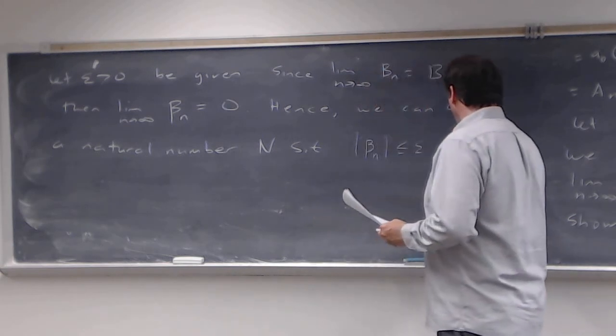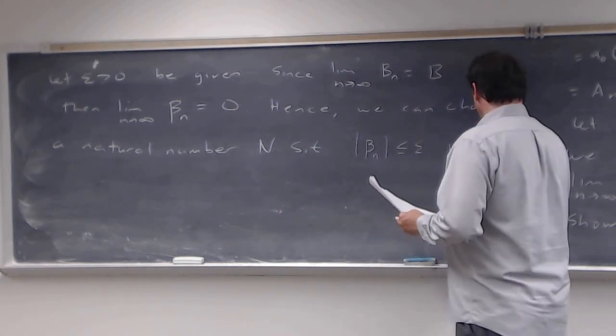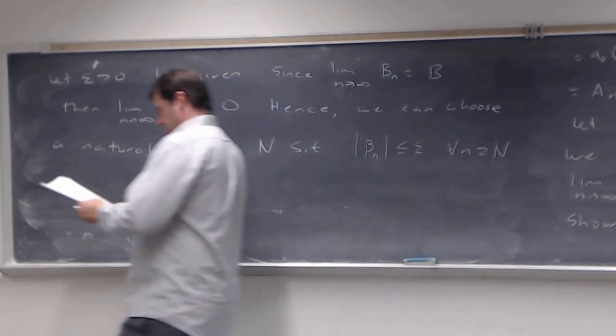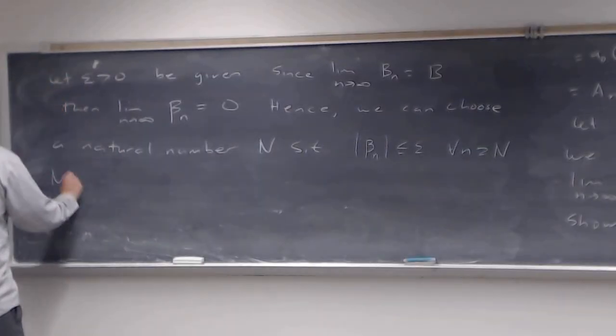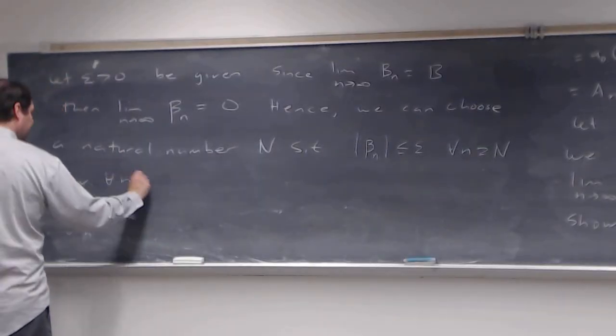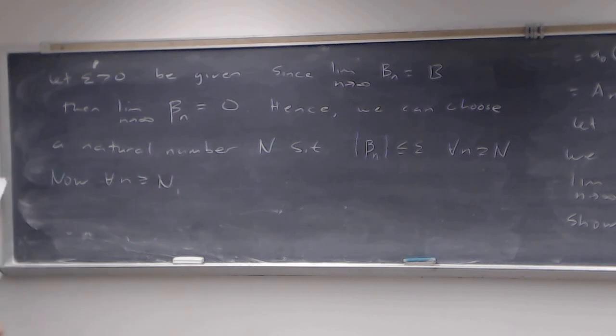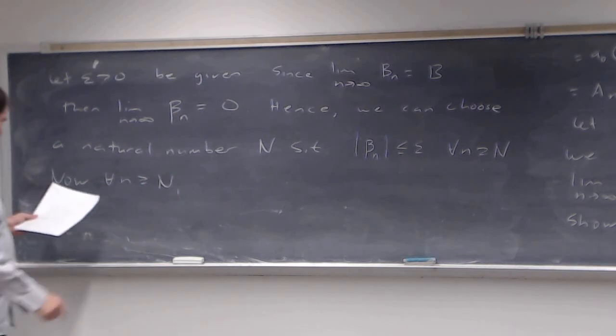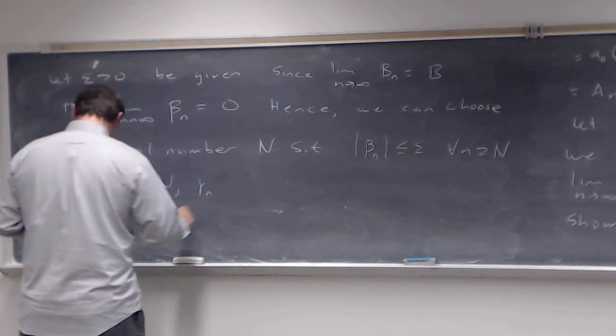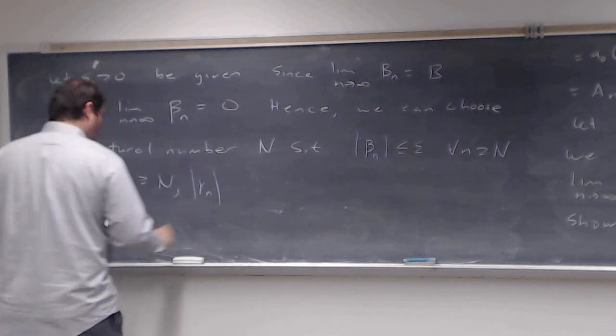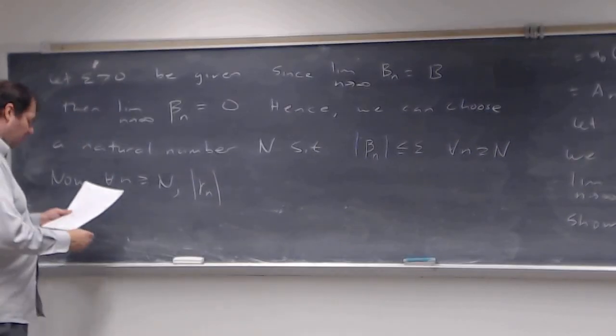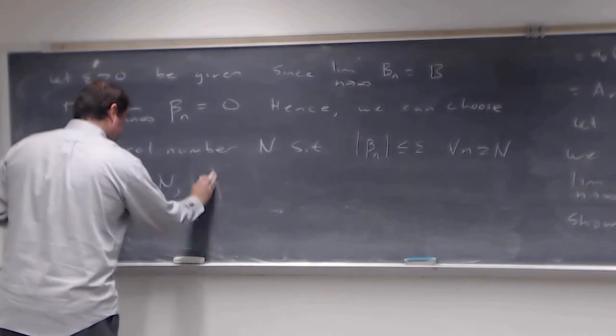And that's true for all n greater than or equal to big N. Now, for all n bigger than or equal to this big N, let's look at that gamma sub n inside norms. Well, let's just look at it without norms first.